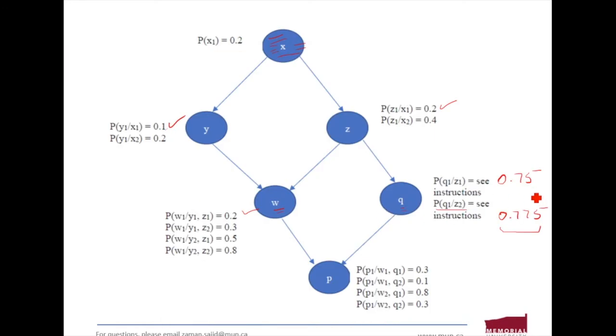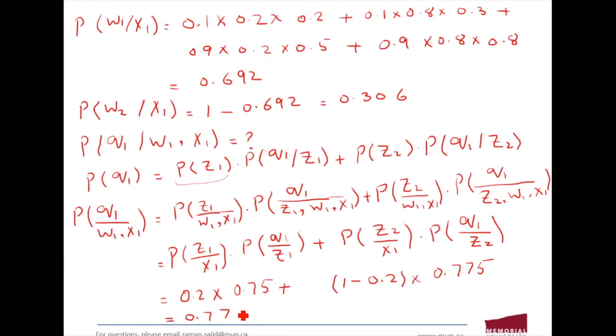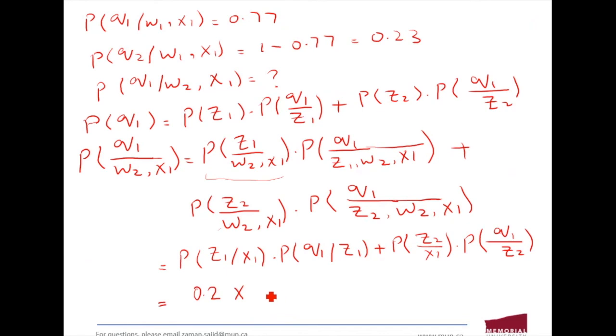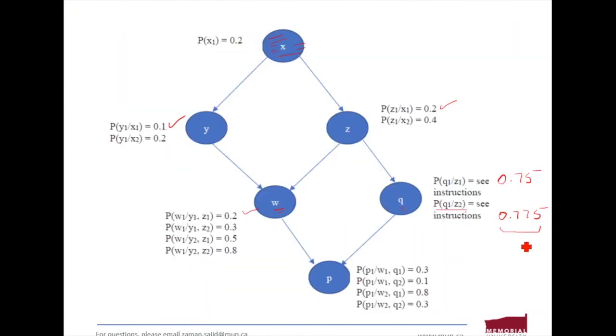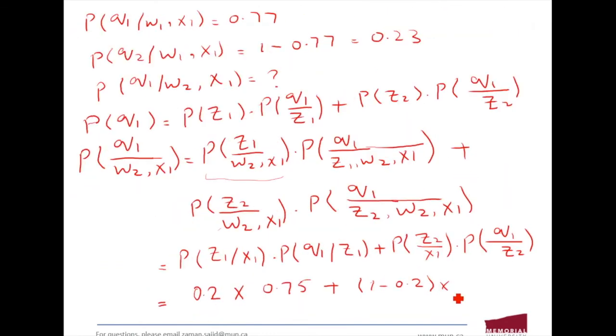So the Q1 given that Z1 is 0.75, plus this term will be 1 minus 0.2 times the probability of the Q1 given that Z2 from the network again. This is 0.775. Once you solve it, you will get the answer of 0.77.